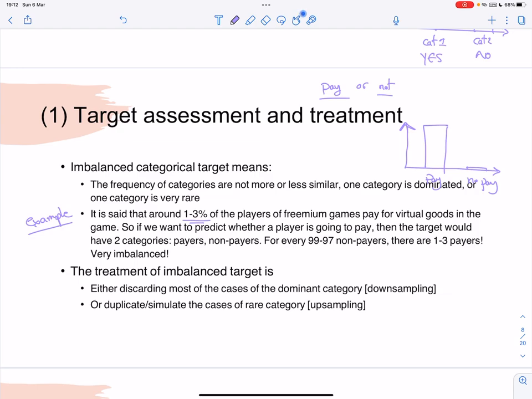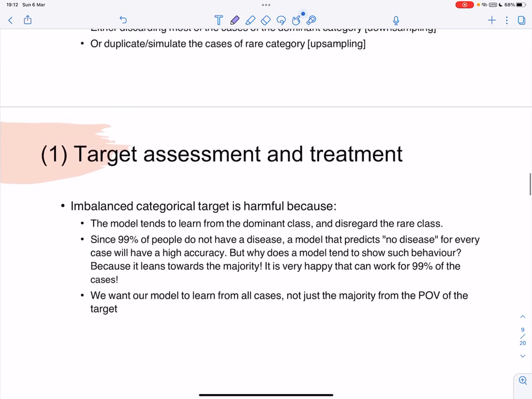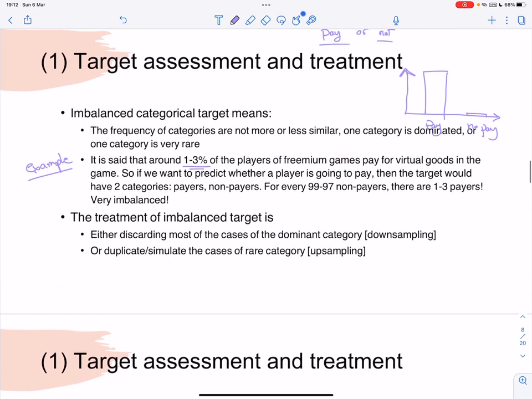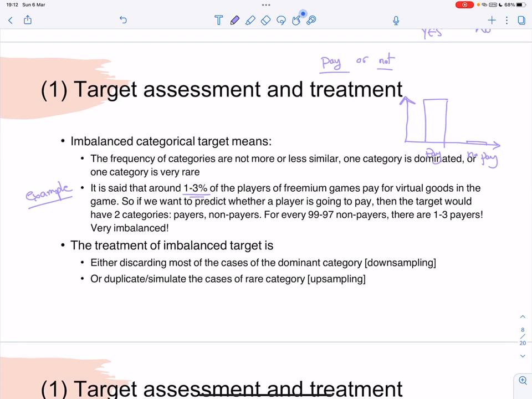And why is it problematic? Well, I have explained it here. Because the model tends to learn from the dominant class and disregard the rare class. So if the model learns from the no pay, actually this is no pay and this is pay. If the model learned from this 97%, it actually has learned 97% of the data. Okay, it's a very, very good percentage, right?